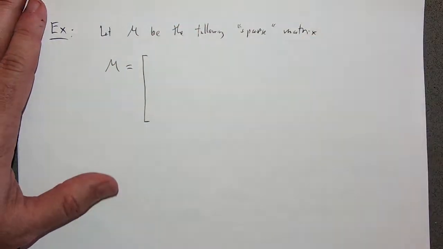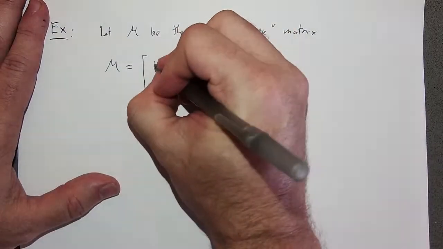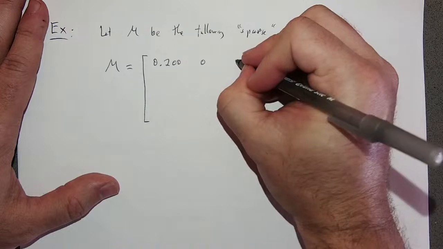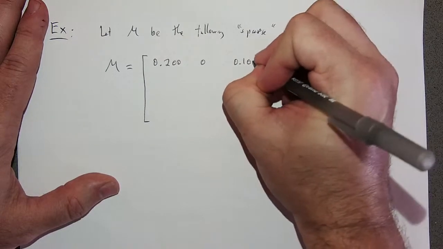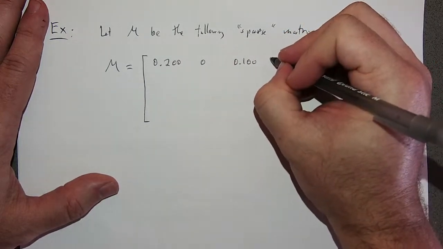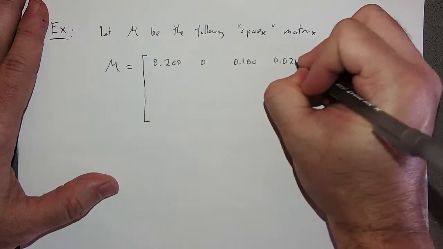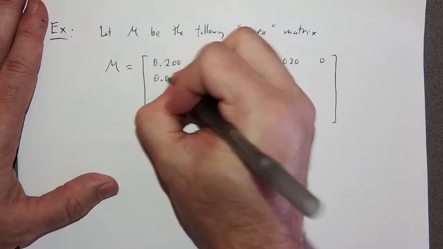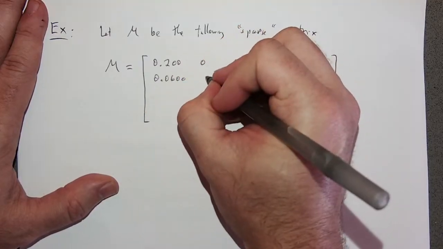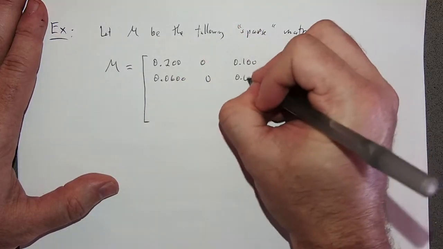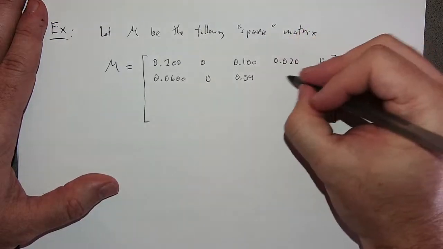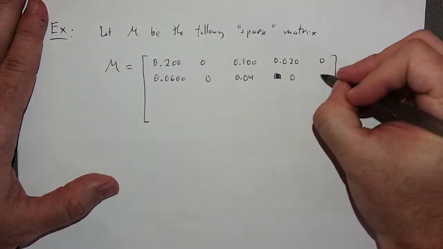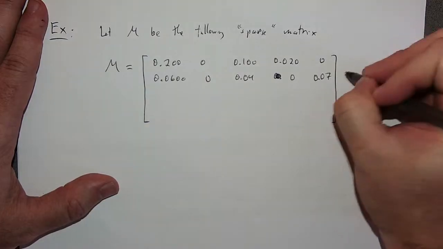Let M be the following 5 by 5 matrix: 0.200, 0.100, 0.020, 0.0600, 0, 0.04. I'm not going to keep writing extra zeros here, so I'm just going to have this be 0 and this be 0.07.